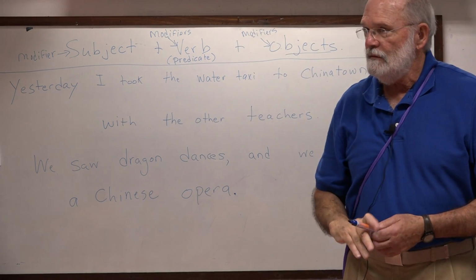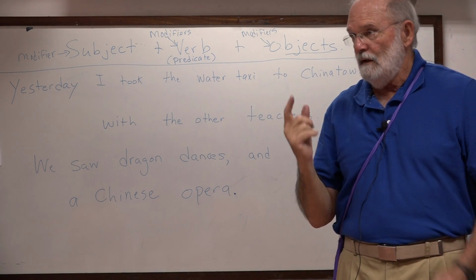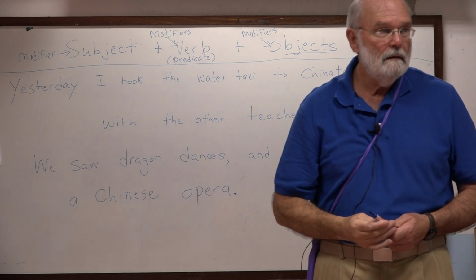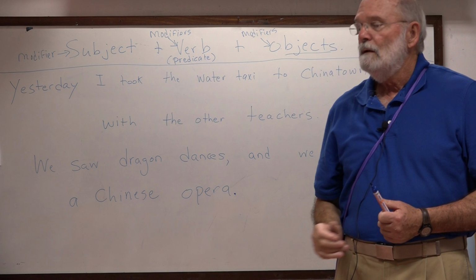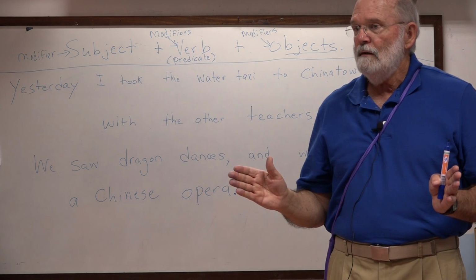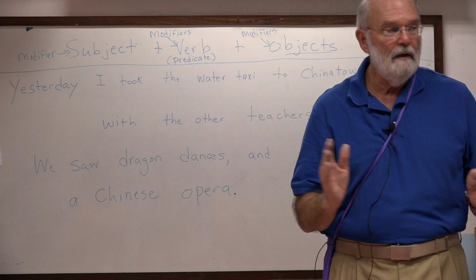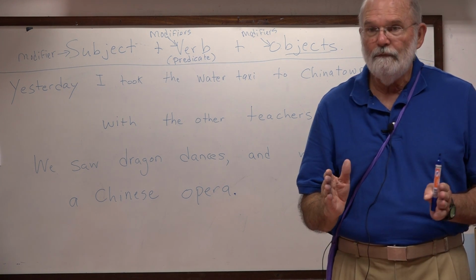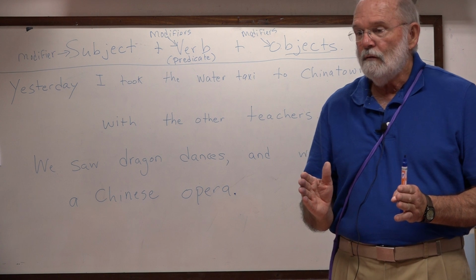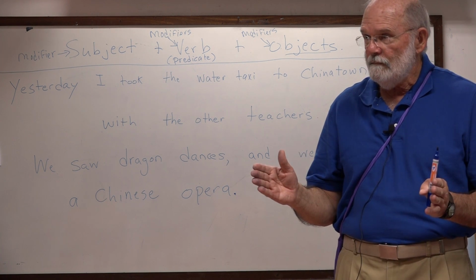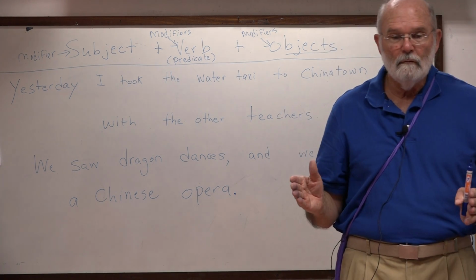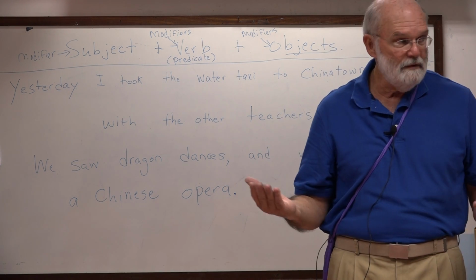Sometimes the modifiers are just a single word. For example, the tall man, baby. Sometimes modifiers are prepositional phrases. Remember we talked about prepositional phrases? A phrase is a group of two or more words, and a prepositional phrase is a group of two or more words that starts with a preposition.